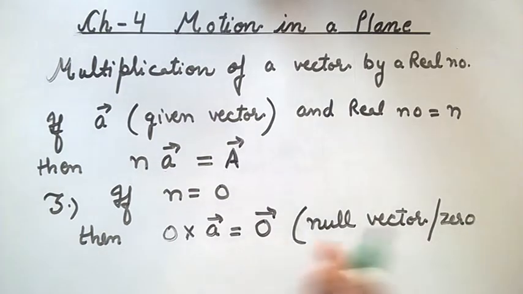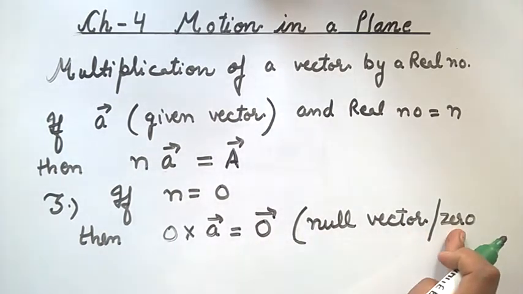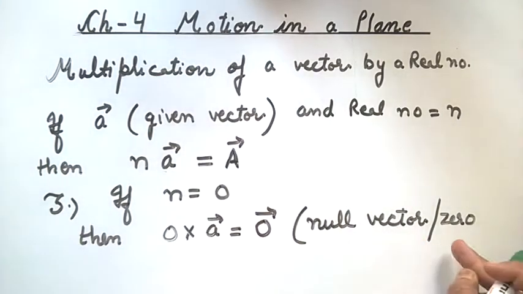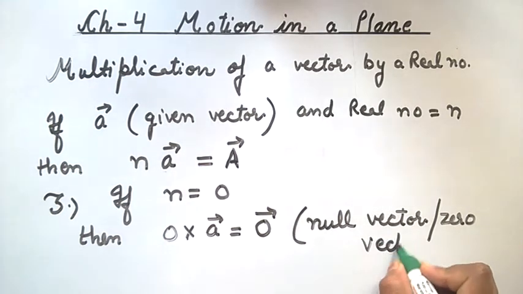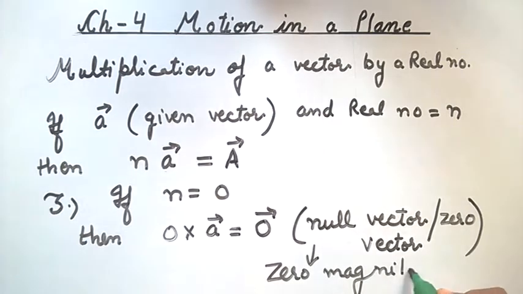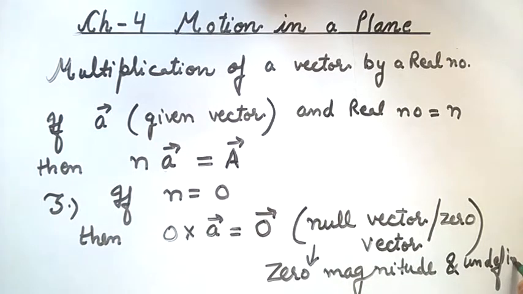We cannot draw it because it has 0 magnitude and no definite direction. Its direction is not defined.